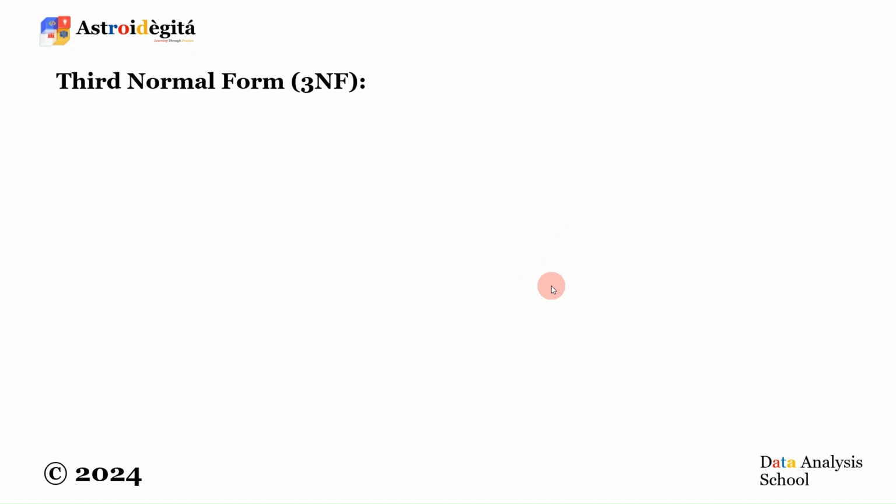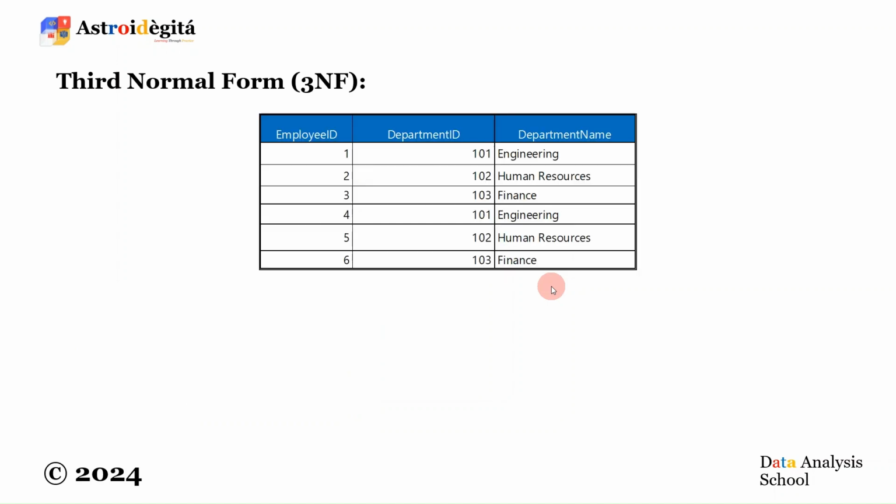In other words, the third normal form eliminates transitive dependency, where a non-key column depends on another non-key column.